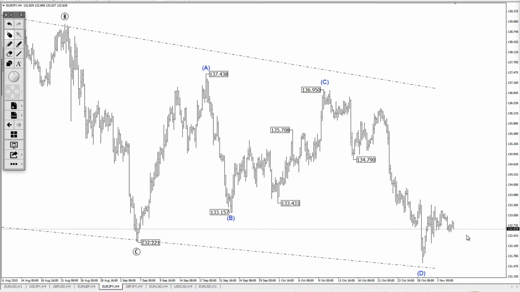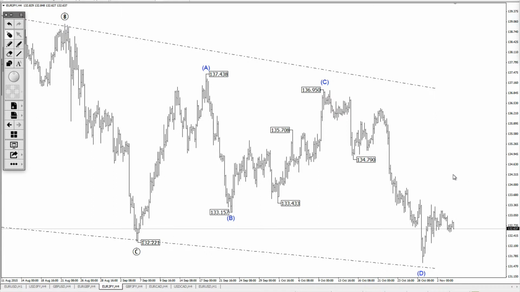I'm still expecting one more leg higher towards the 136 level, but like I have talked before, this can be very overlapping, very choppy price action, so might not be worth trading. There's a potential for maybe a 300 pip trade, but it can be very nerve-wracking and difficult to trade because it could take quite a long time.